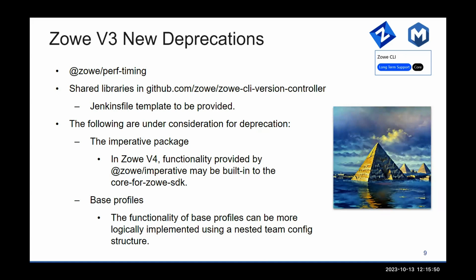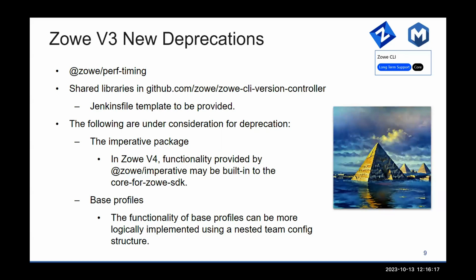Next, we have base profiles. And again, this is under consideration, but the functionality of base profiles can be more logically implemented using a nested team config structure. And given what we're doing with the multi API ML gateway support, it's maybe a bit messy to have multiple base profiles, a base API ML profile, an API profile.